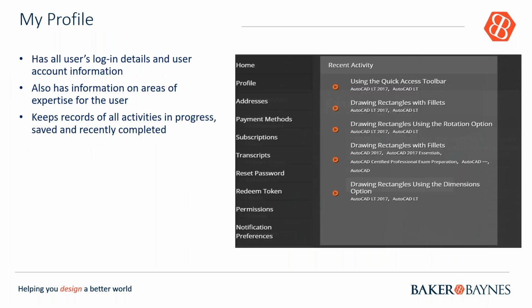And then going on to my profile, this has all a user's login information and user account. It also has a user's area of expertise, which helps your CADLearning profile. It also helps if anything new comes in your area of expertise.